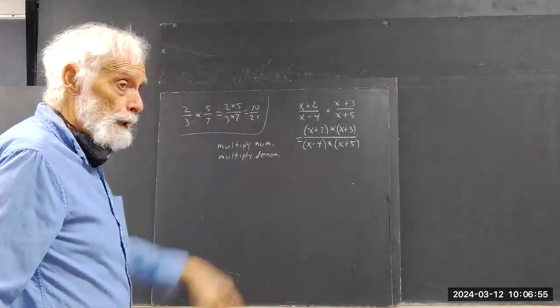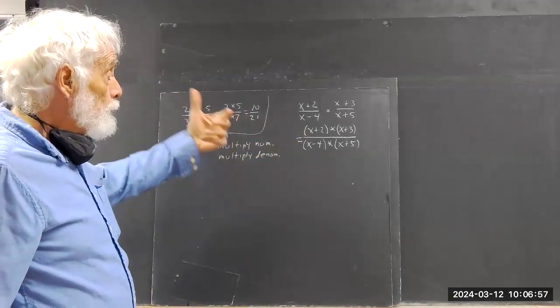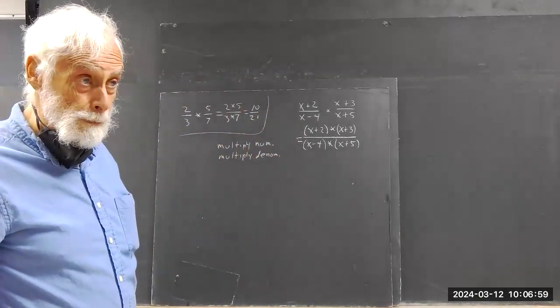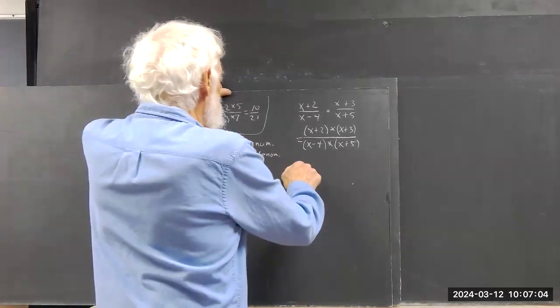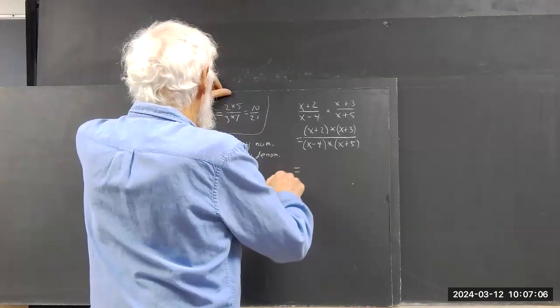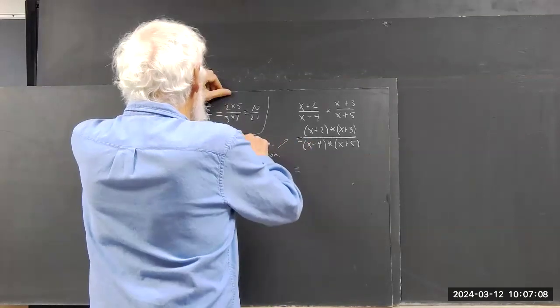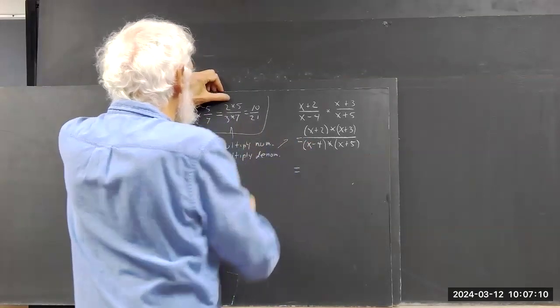There it is. Now, of course, we then use the distributive law to multiply these. Same thing we did here, we do here.